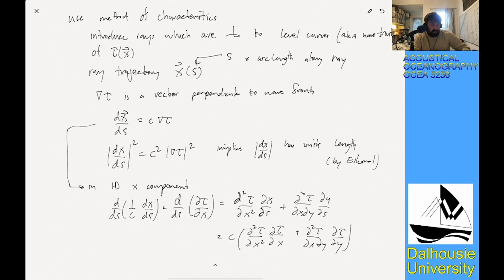So just some nice chain rule there. Then we take a step backwards and get (d tau/dx) squared plus (d tau/dy) squared. So that's looking pretty good.